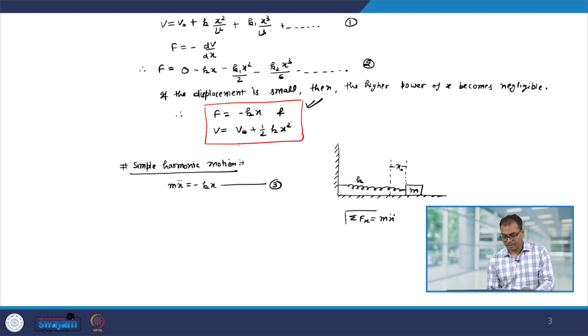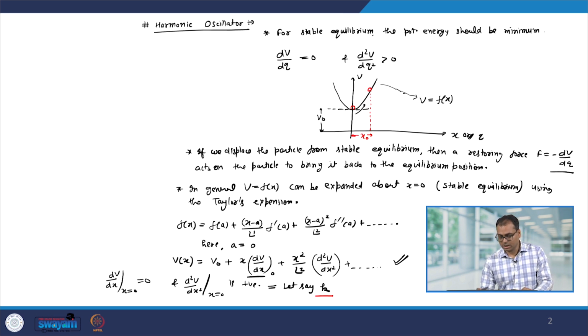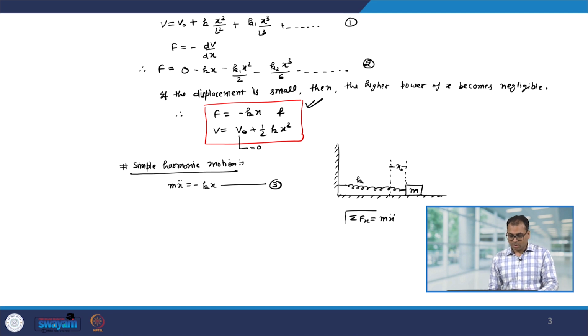Now, also note that this V naught I can put equal to 0 by choosing an appropriate reference. So, for example, herein if this curve V touches the x axis, in that case V naught will be 0. So, to analyze this equation of motion, let us define a quantity omega equal to square root k by m.